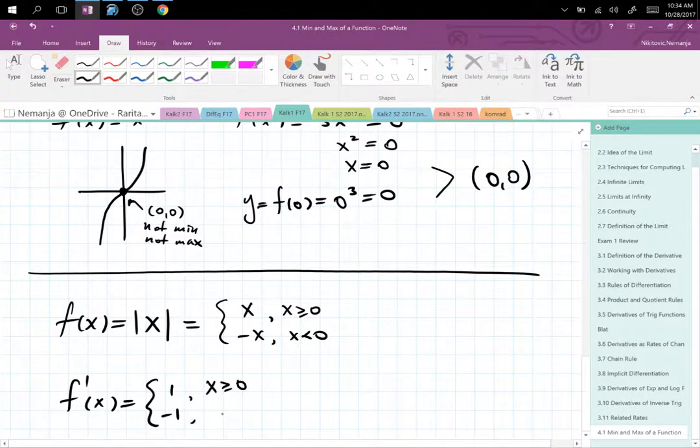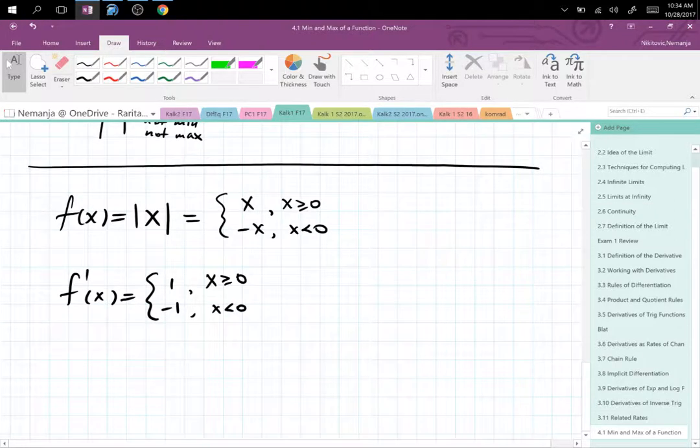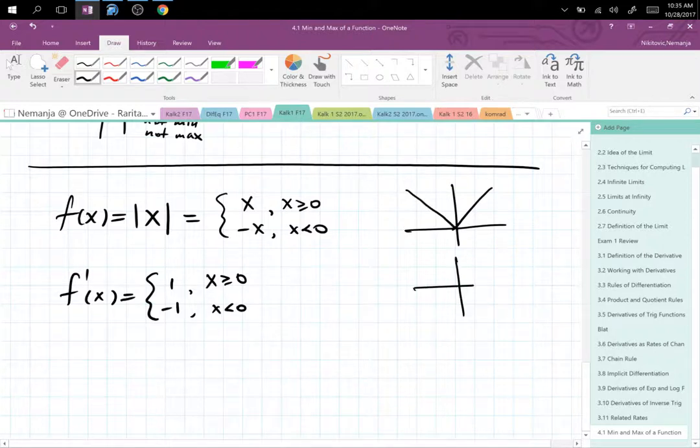Now we've seen this before, right? So we know that the original function graphs this way, and we know that the derivative graphs like this.